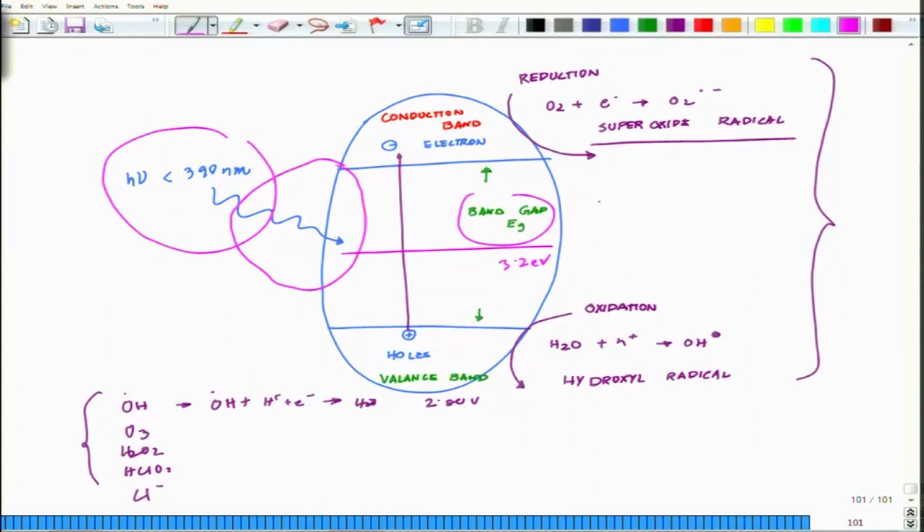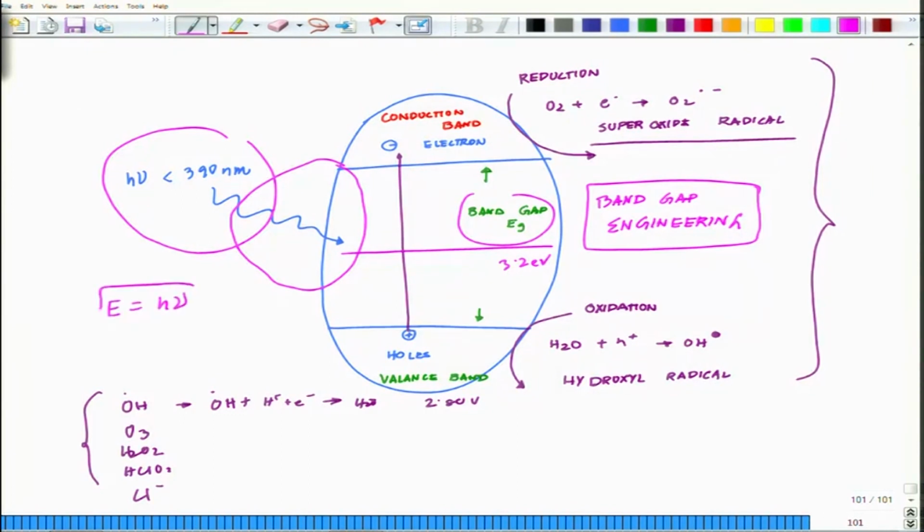This falls under the whole area of band gap engineering, where you ensure that the material generates electrons at a lower energy. If you follow E equals h nu, where E is the energy and nu is the frequency.